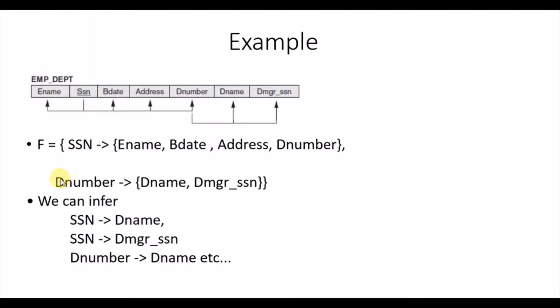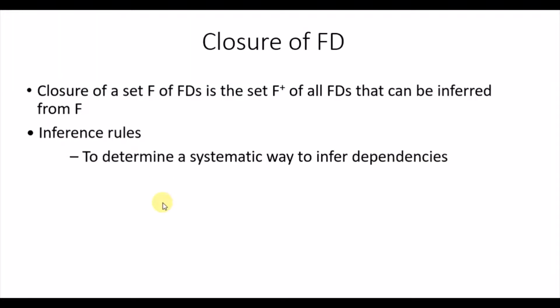Closure of a set F of FDs is the set F plus of all FDs that can be inferred from F. So we said that if we have a set of FDs, capital F, from this set we'll be able to infer new functional dependencies. And what is meant by closure? Closure is again a set, and that is all FDs that can be inferred from this particular F.